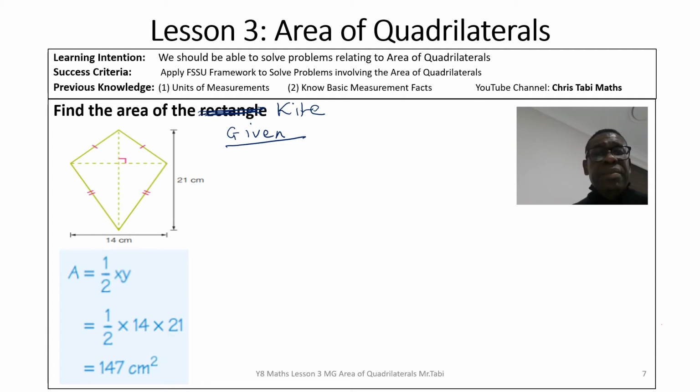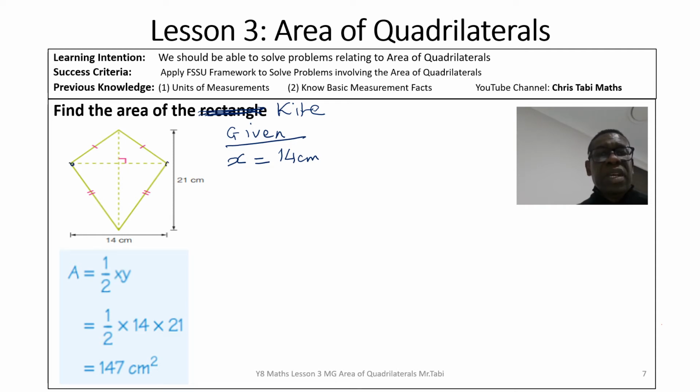We know that x is 14. That's that distance, 14 centimeters from here up to there.